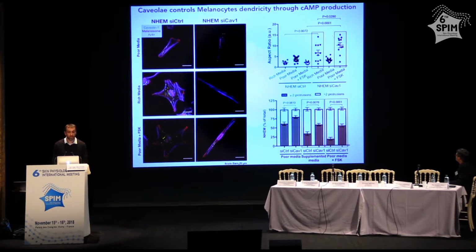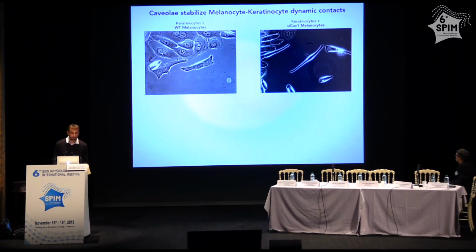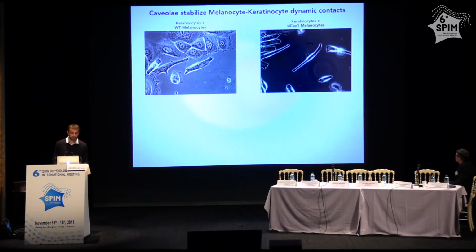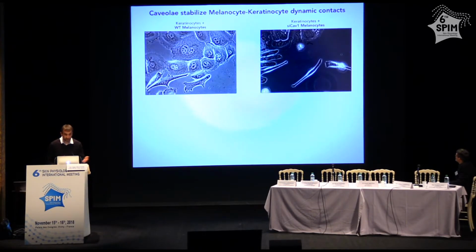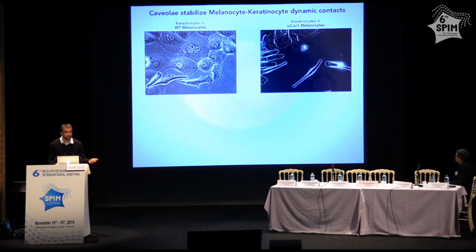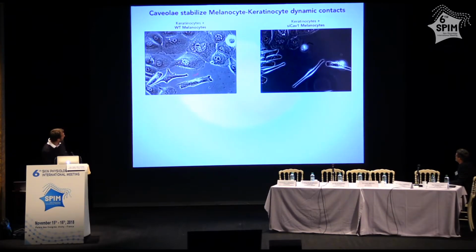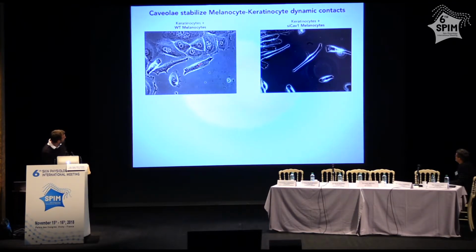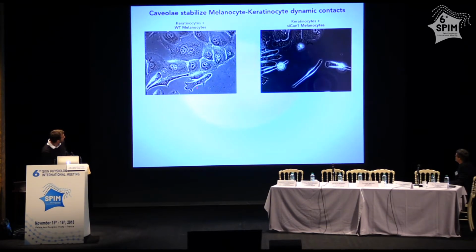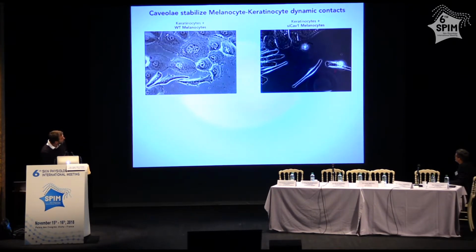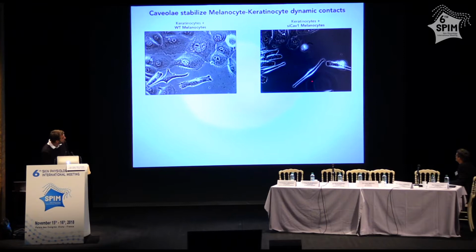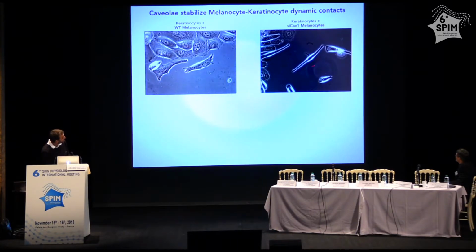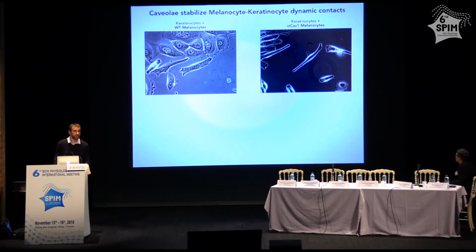So we decided to test whether this melanocyte can still interact with keratinocytes. For that we used live cell imaging in a co-culture setup: primary human melanocytes and keratinocytes together, with melanocytes depleted or not for caveolin-1. Here you have the control melanocyte that makes projections, is very dynamic, and establishes contact with keratinocytes. And here the caveolin-1 depleted melanocyte is elongated, stretched, and establishes very few contacts with the keratinocyte.